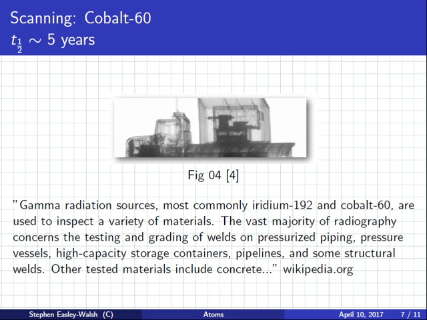Is it used on humans at all? I have a feeling it is, but maybe not cobalt-60, because I really think this is what they do at the airport when they want a detailed X-ray. Now, not every airport. I've never been in an airport where I had to walk through some human-sized X-ray machine.